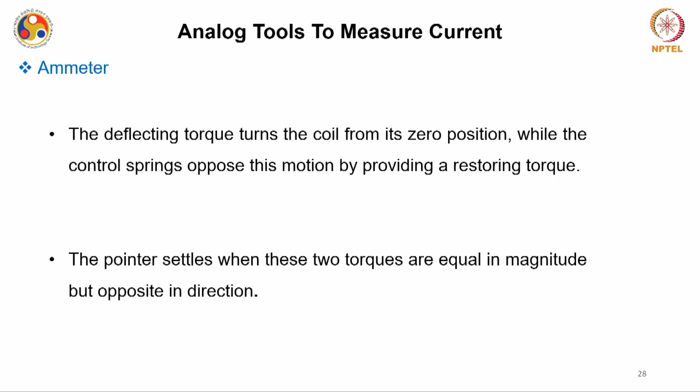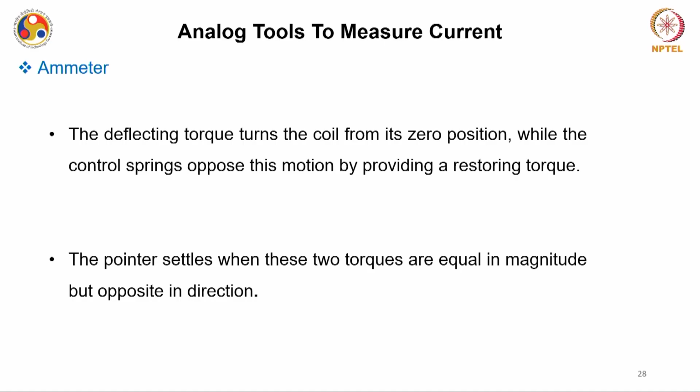In this ammeter, what I have talked about is the moving system, because all this kind of instrument has a moving system. Then you have other systems also in place, like the control system and the damping system. In the moving system, the deflecting torque turns the coil from its zero position, while the controlling spring comes into the picture and opposes the motion of the pointer by providing a restoring torque through its spring constant.